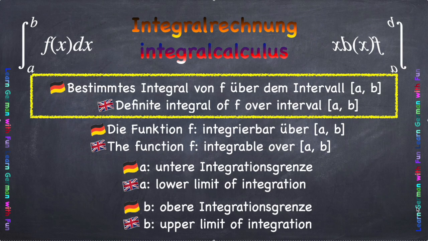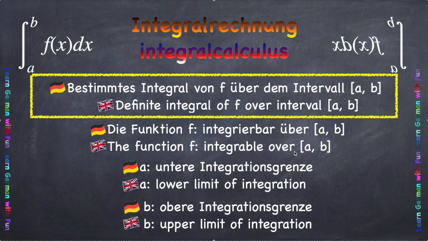In this slide, you are going to learn about the integral calculus. Here you can see a typical form of an integral. In German, one says bestimmtes Integral von f über dem Intervall a, b. In English, definite integral of f over interval a, b. In the above term, die Funktion f ist integrierbar über a, b.